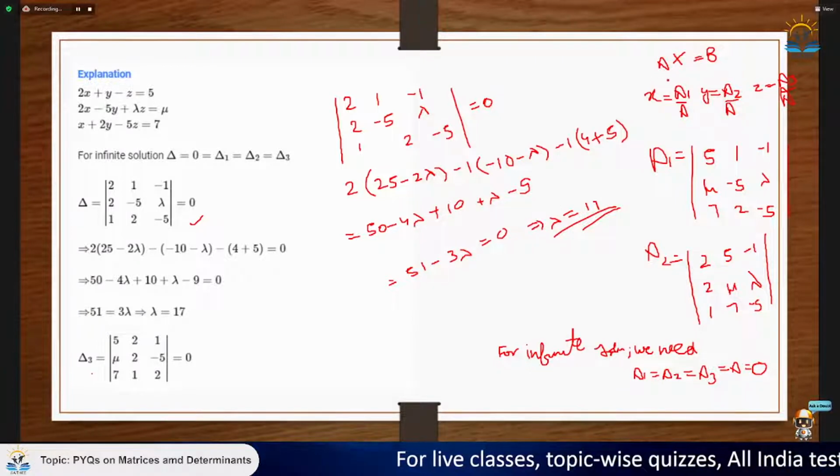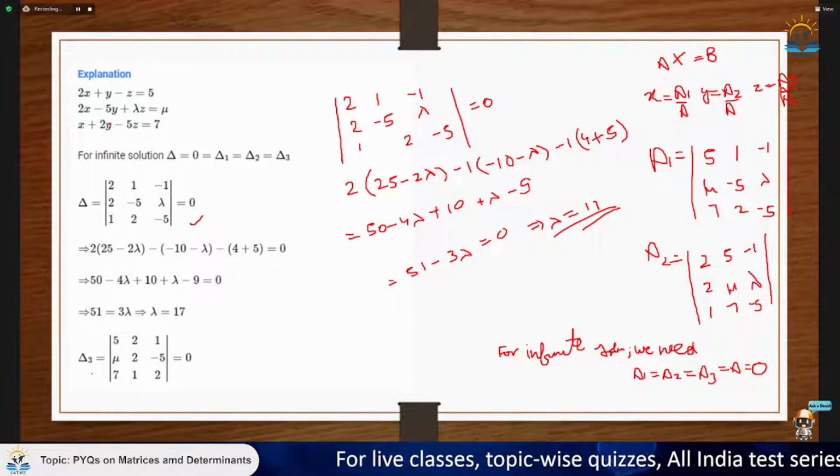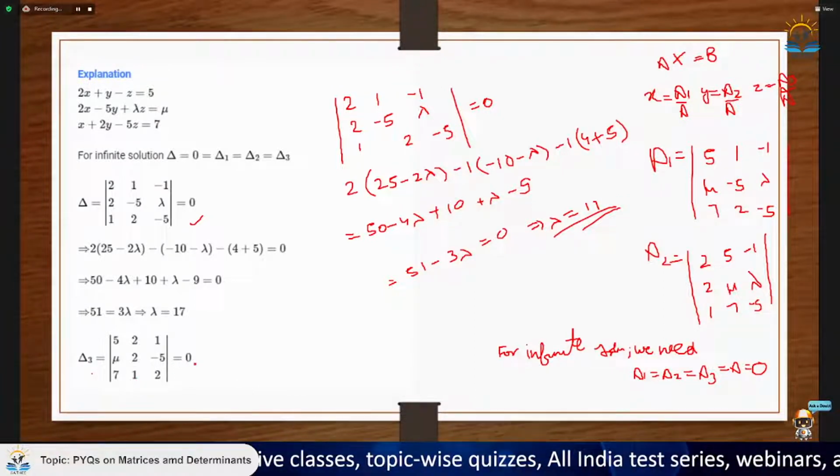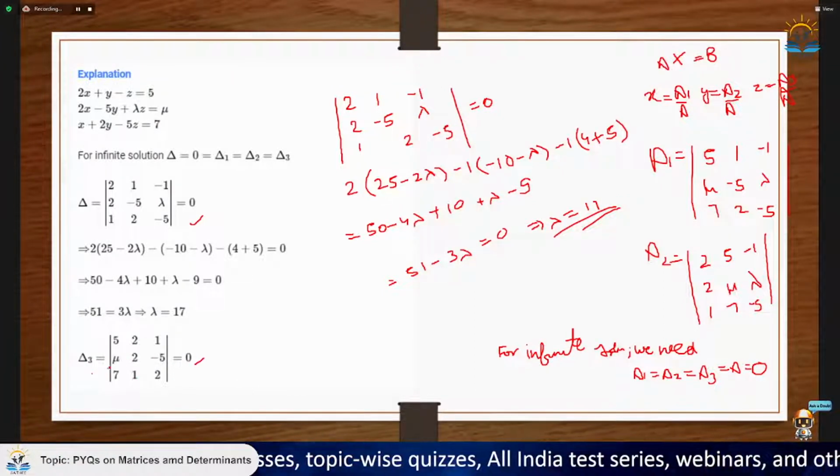So on the same lines, A1 should be equal to 0. So to calculate mu, I calculated A1 and put it equal to 0. From there, I will get the value of my mu.